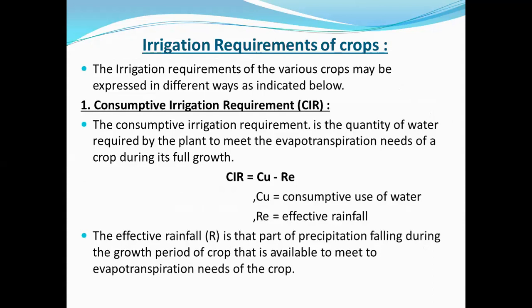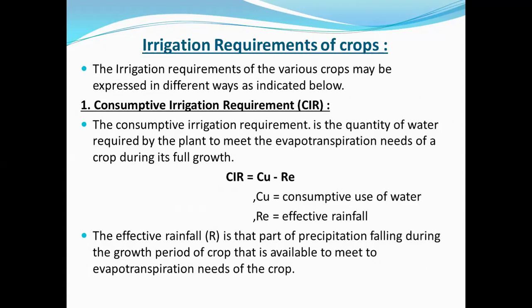So the irrigation requirements of the various crops may be expressed in different ways, right? Such as, first is consumptive irrigation requirement, which is also written in short form as CIR, right? So the consumptive irrigation requirement is the quantity of water required by the plant to meet evapotranspiration needs of crop during its full growth, right?